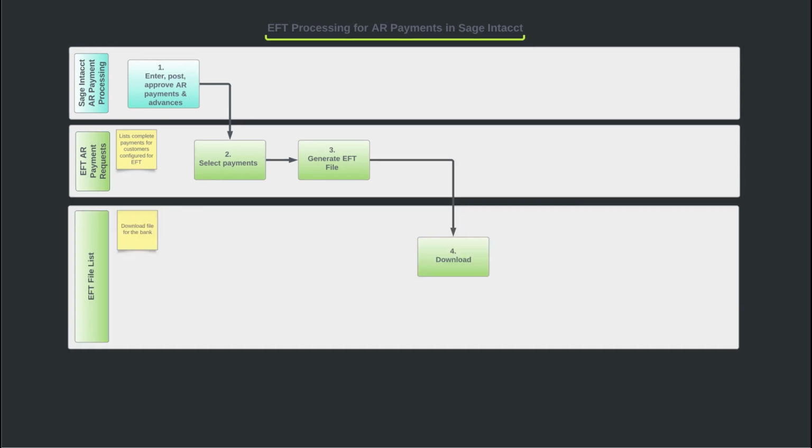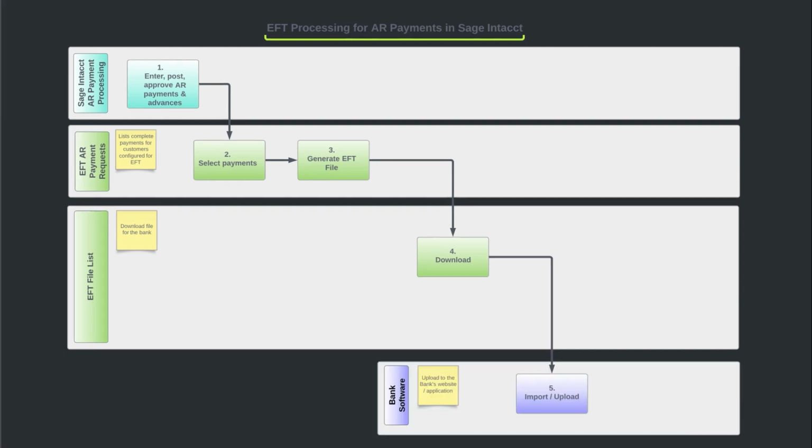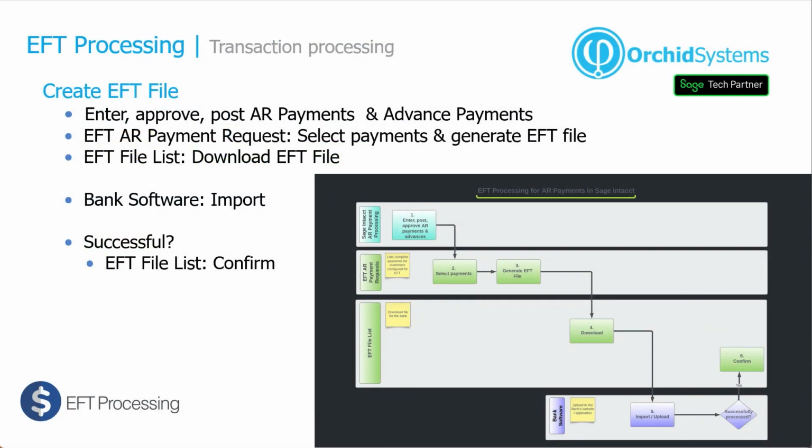You would then use the EFT file list screen to download the EFT file, and once that file had been uploaded into the bank software and confirmed by the bank, you would come back and confirm the EFT file. And this is the process I'm now going to show you.